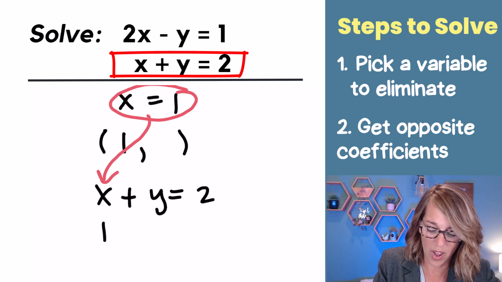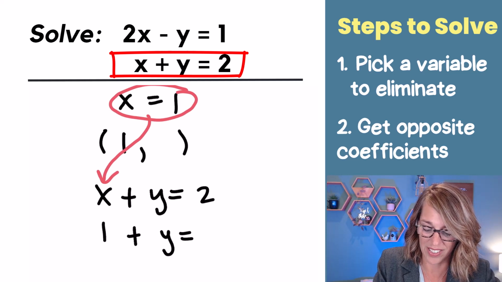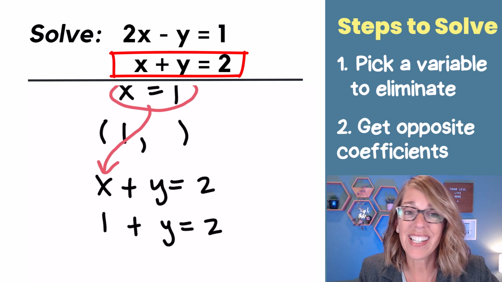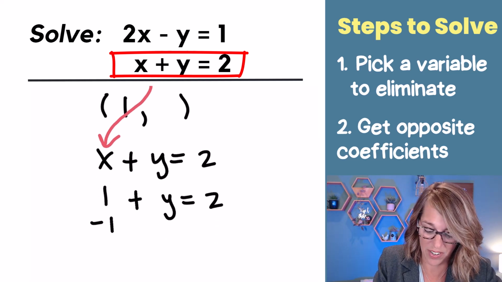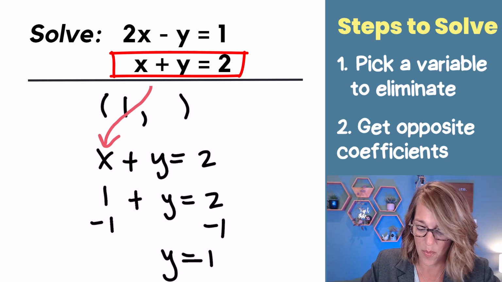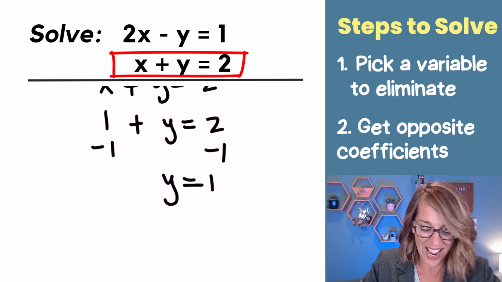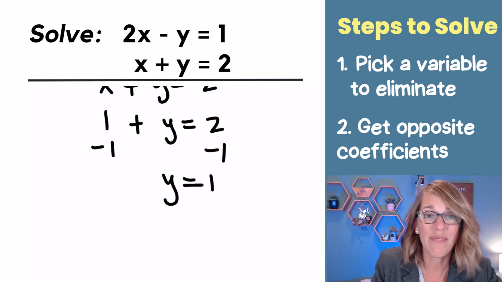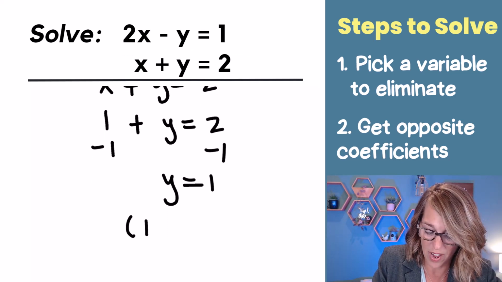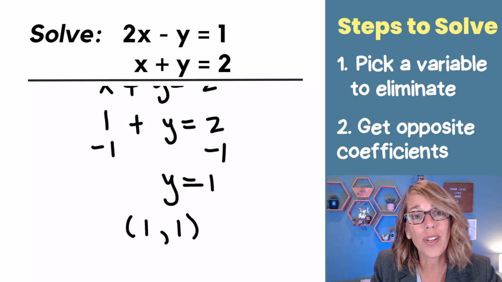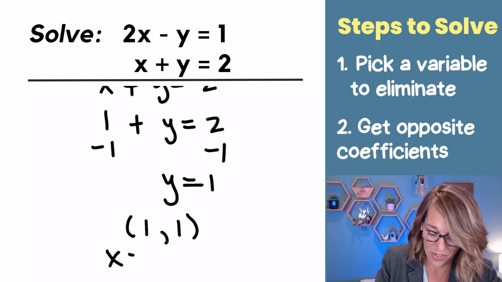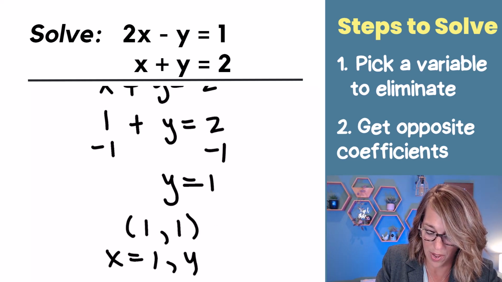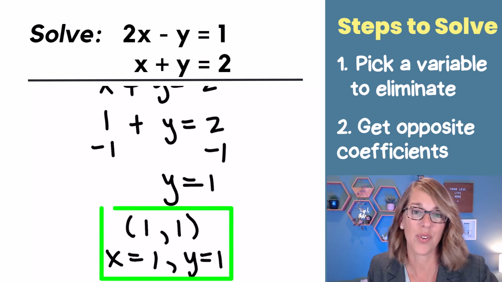So I end up with 1 plus y is equal to 2, and I'm easily able to solve for y. Subtract the 1, and y is equal to 1. So the x and the y together give me my solution of 1, 1, or you could write these out as their values. X is equal to 1, y is equal to 1.